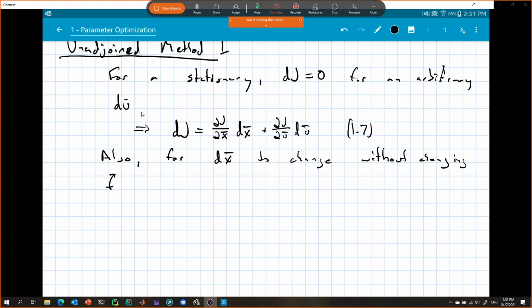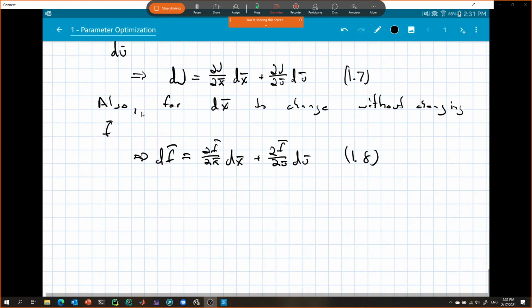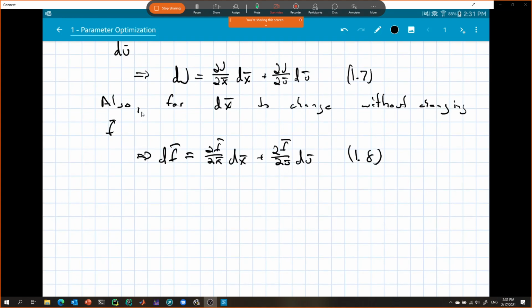But we are only concerned about changes in x that don't change f, so that f can remain 0. So then we get this kind of result. It's actually the same as the cost, but in this case we care about the constraints. Okay, and that's 1.8. So we have these two systems.